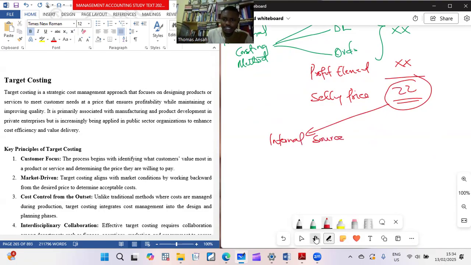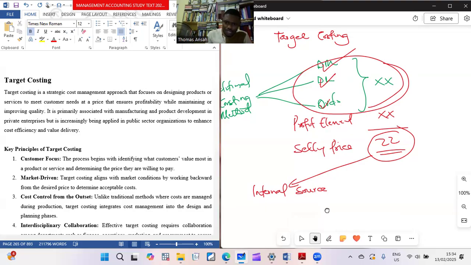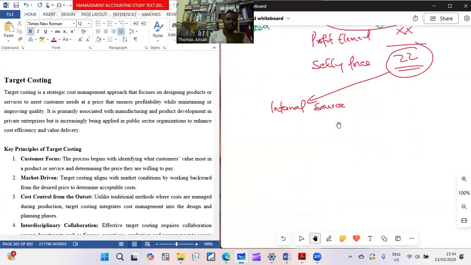because the data that we used to derive our cost was coming from how much labor we have used, and material and overheads we have used. So selling price actually was dependent on these costs. That is what the traditional costing system looked at. But target costing takes it a little bit differently.